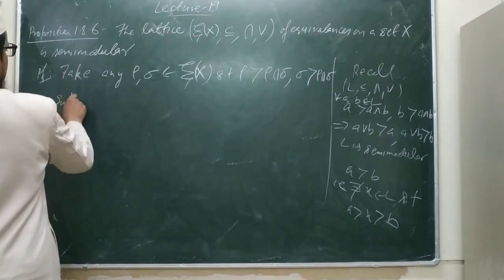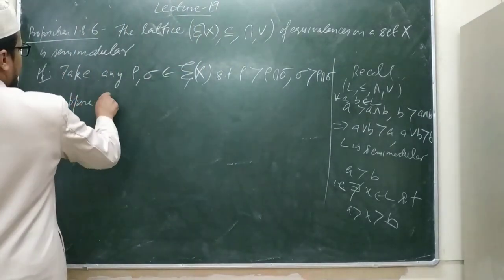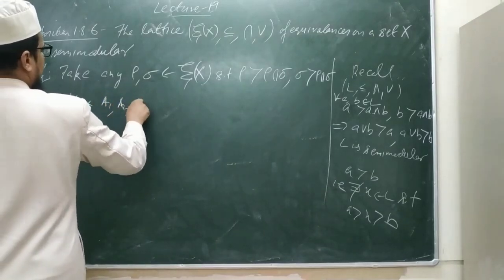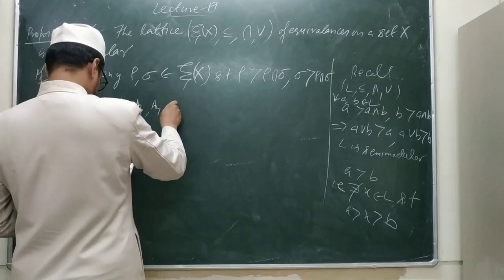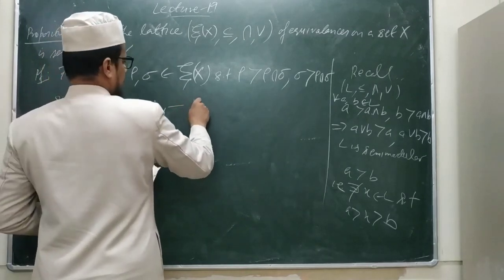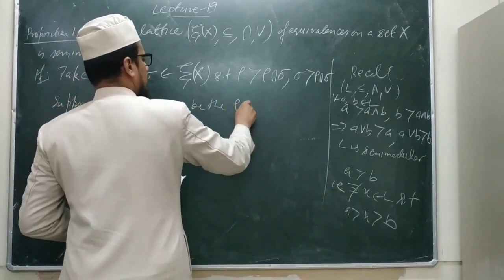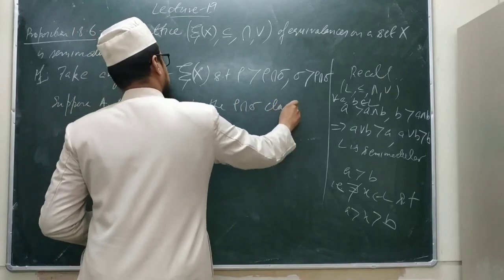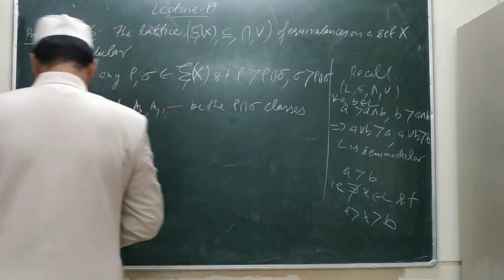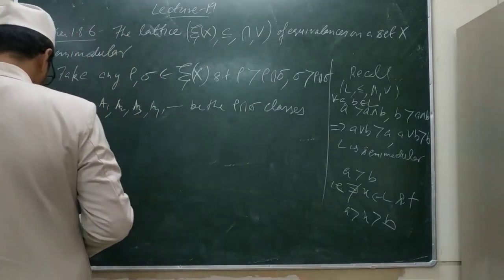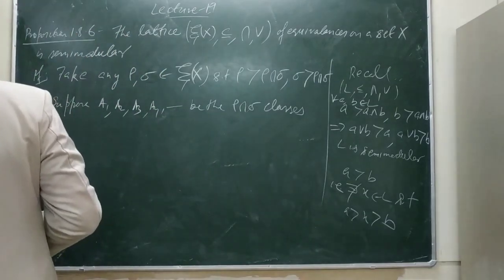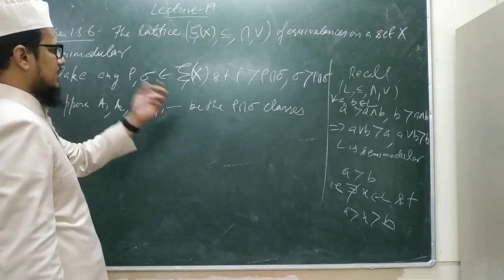Suppose A1, A2, A3, A4 and so on are the rho intersection sigma classes.